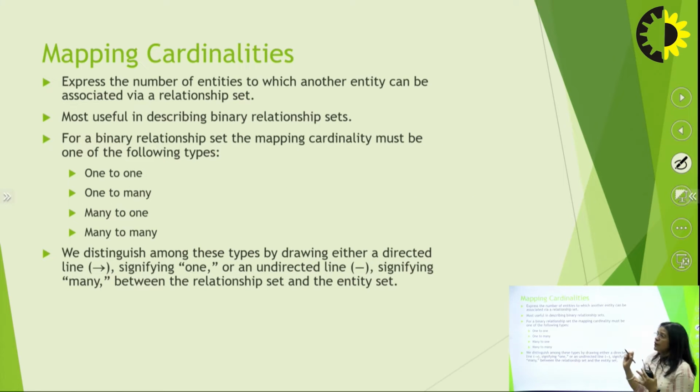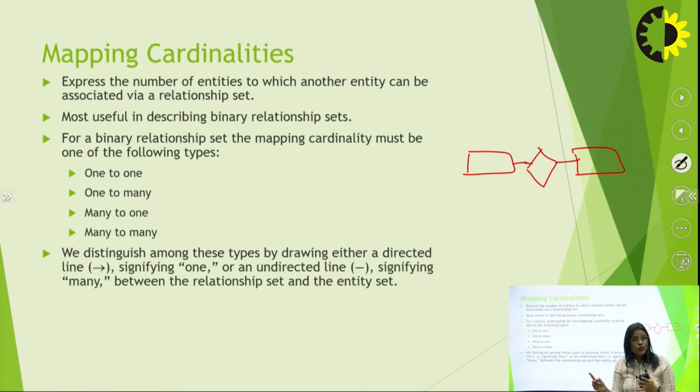Next is the mapping cardinality. Whenever we are relating two entities with a relationship, we need to show the cardinality on these lines. This relationship is one-to-one, or one-to-many, many-to-one, or many-to-many. So this is the mapping cardinality.